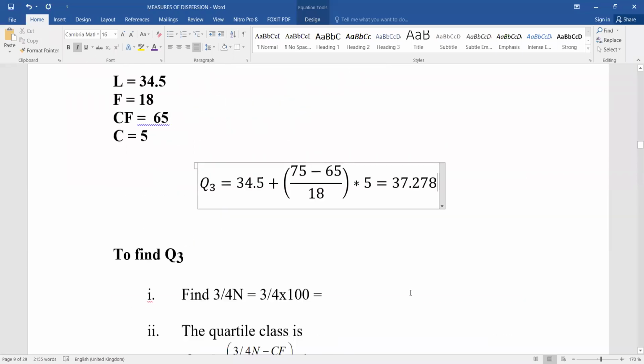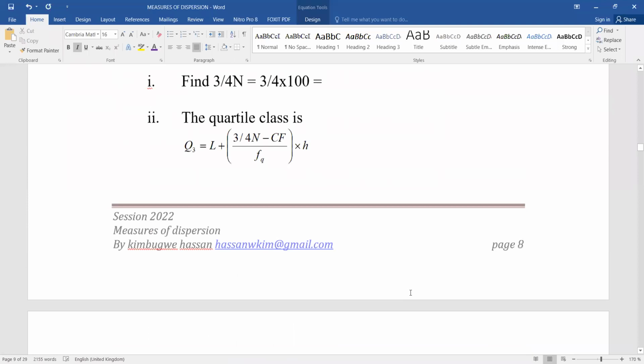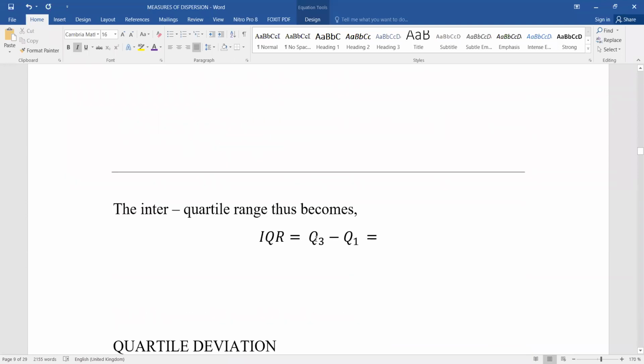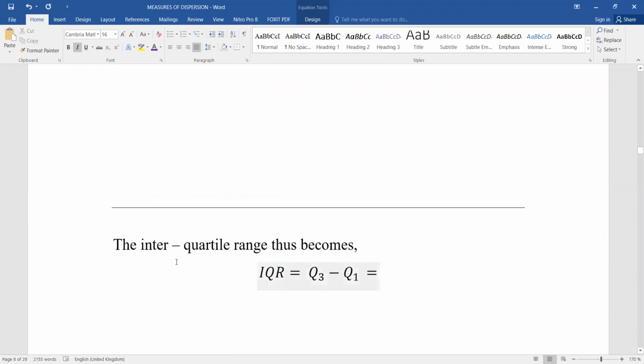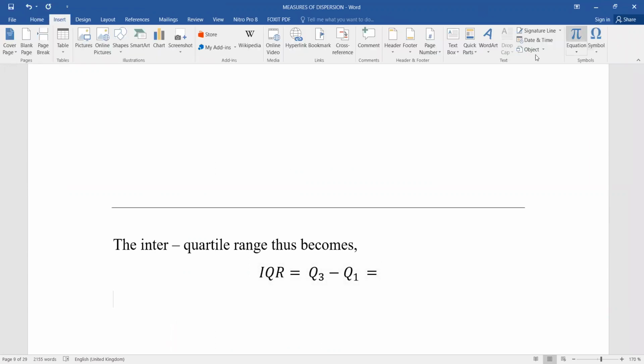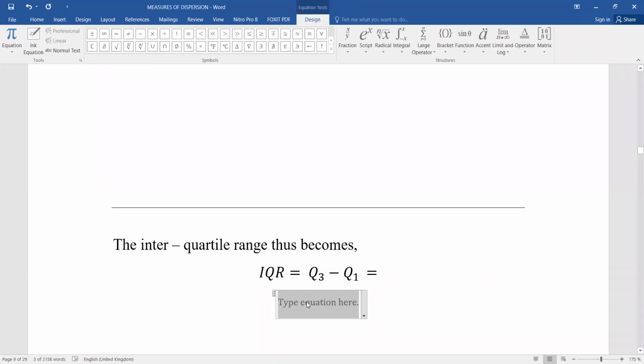So we can say that Q1, what was our value for Q1? To get the interquartile range, we shall have Q3 minus Q1.